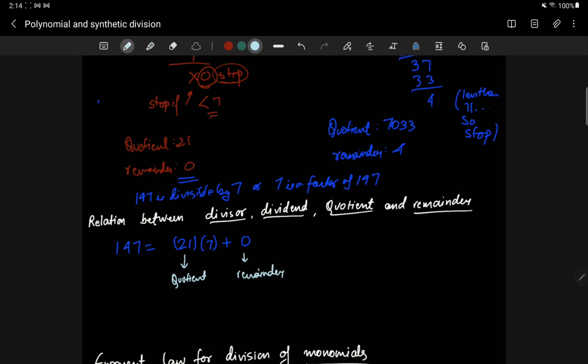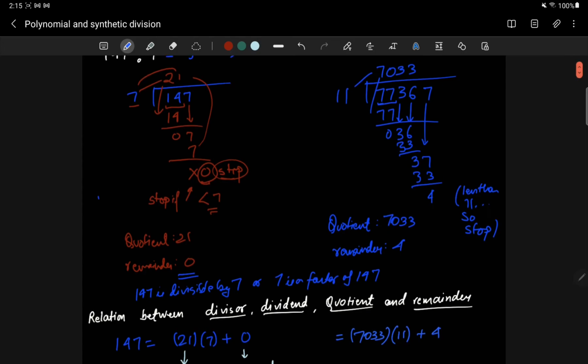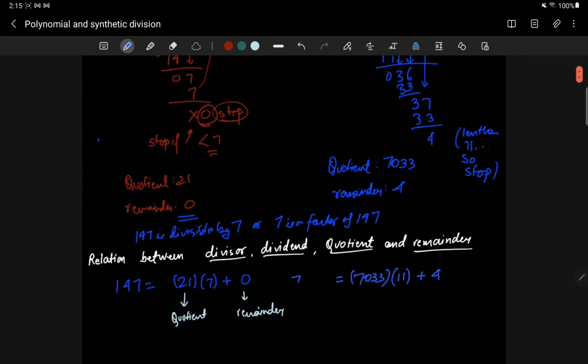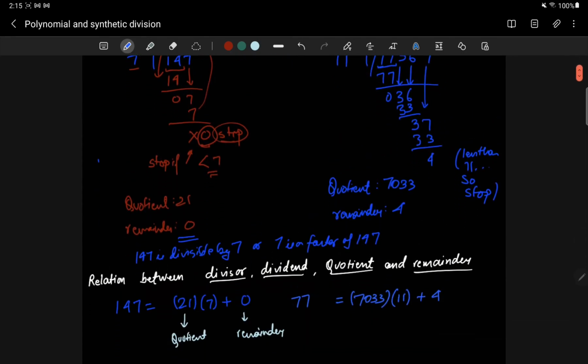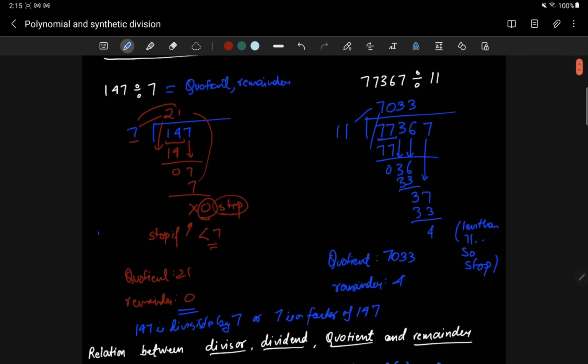So you can always write down the numerator as the product of the quotient and denominator, plus the remainder. In the same way, the second one can be written as quotient times what we were dividing by, the divisor, plus the remainder, which should equal the number that we started with, which is 77,367.